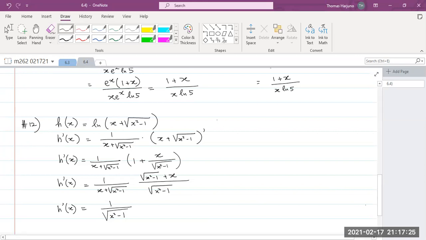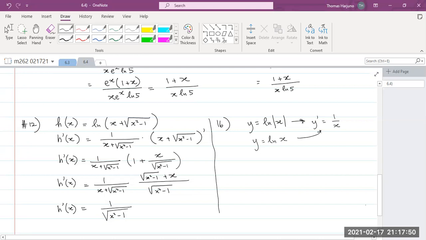How about number 16, Thomas? I think your issue is with the absolute value. But that's not something to worry about, because we know if y equals natural log of absolute x, the derivative is still 1 over x. So what is the difference between y equals ln x and y equals ln absolute x, Thomas?